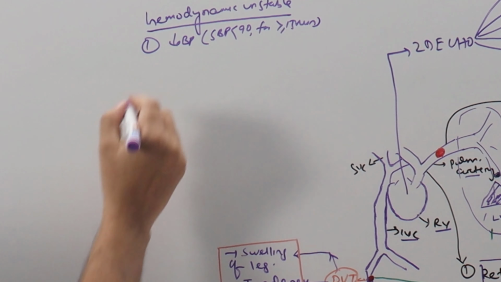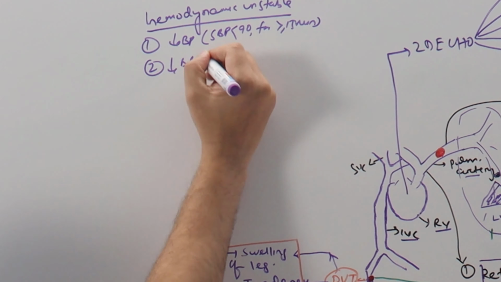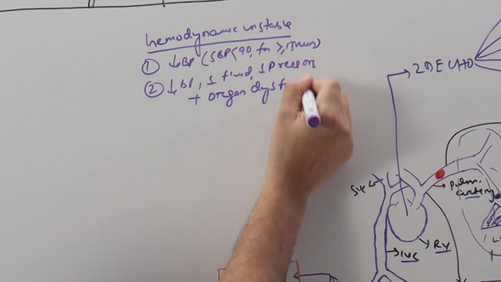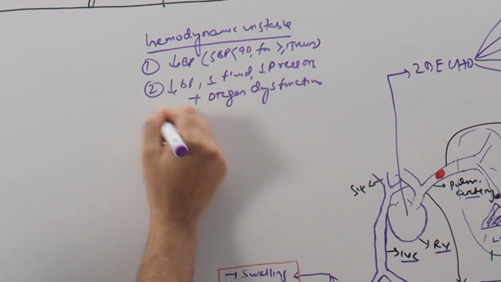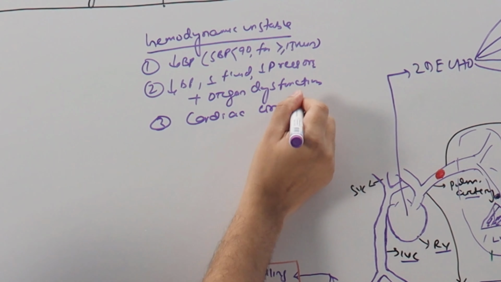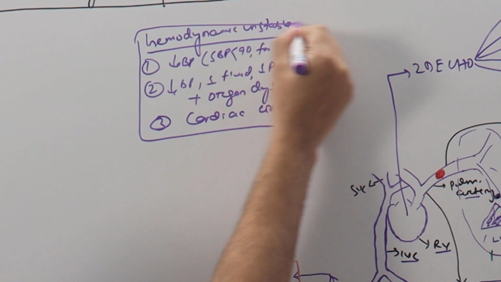Second, decrease in BP requiring pressors, plus there is organ dysfunction. Number 3 is cardiac arrest. So these are the criteria for hemodynamic instability.